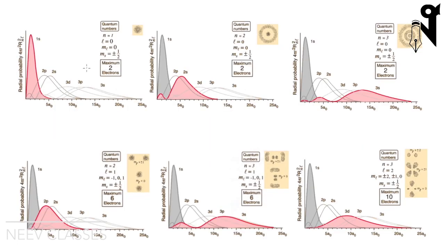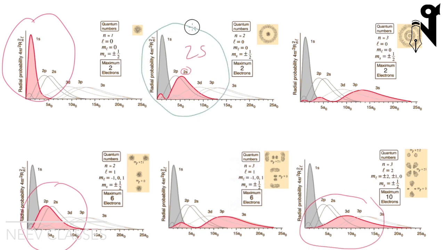Now just to sum it up, 1s was a single hump, 2p will be a single hump, 3d will be a single hump. 1s, 2p, 3d, all single humps. So 2s is a double hump, this is your 3p, it will be again a double hump.